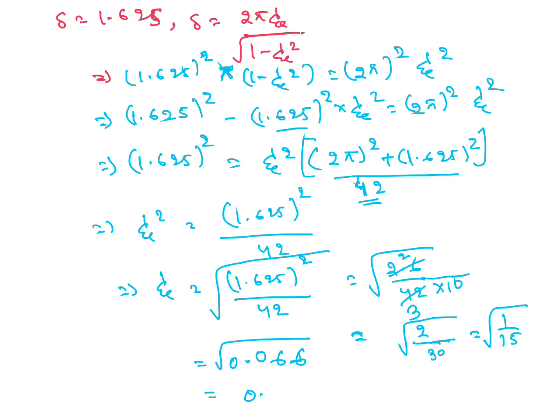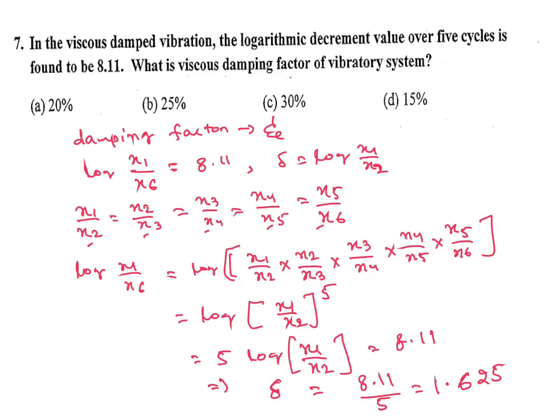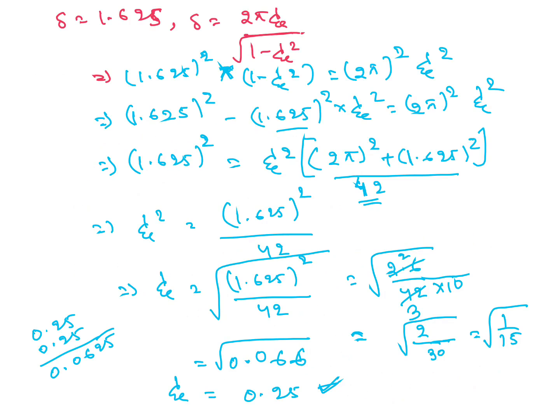Yes, 0.25 square is 0.0625. So zeta value, I got this. With the calculator it's a little bit difficult, but we can do it. So from the options it's in percent, so 0.25 equal to 25%. So from the options B is our answer.